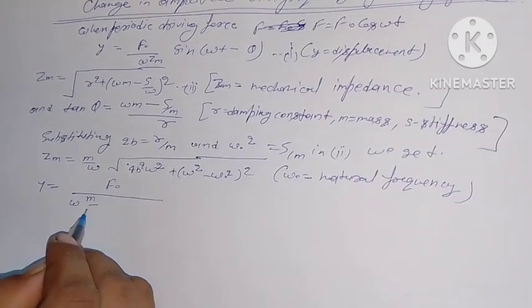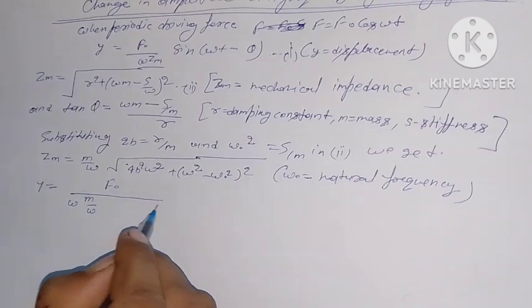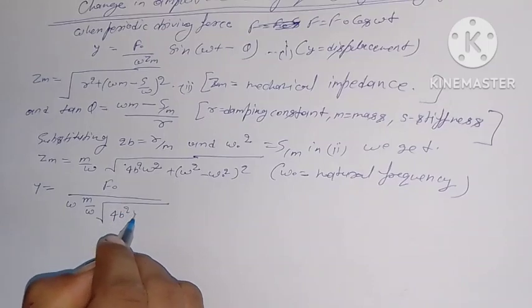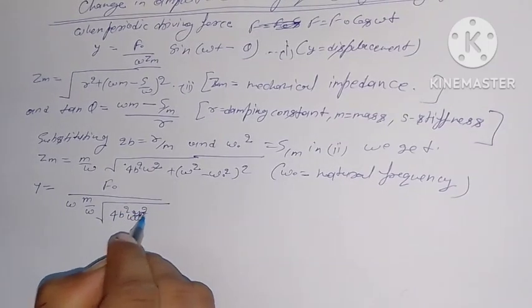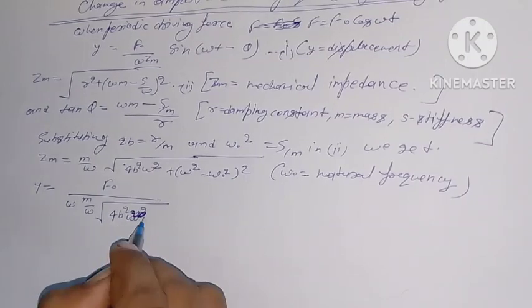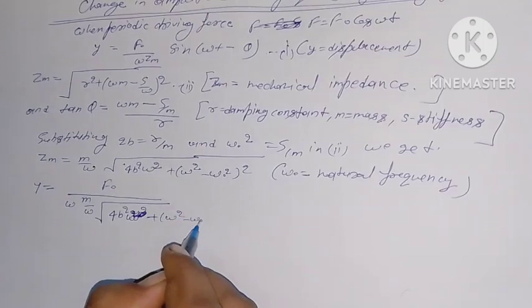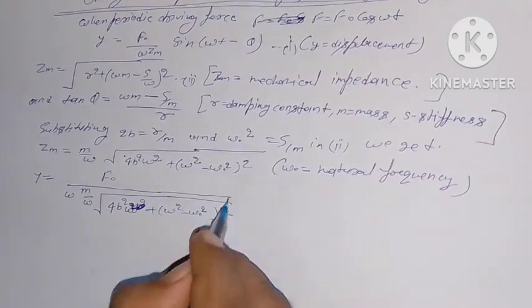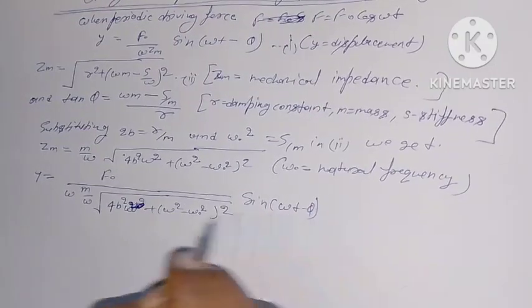And y equal to F naught upon omega m by omega times the square root of 4b square omega square plus (omega square minus omega naught square) whole square, sin(omega t minus phi).